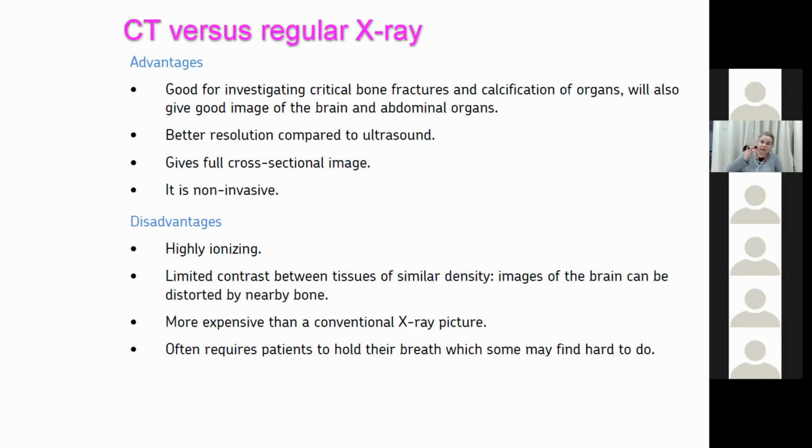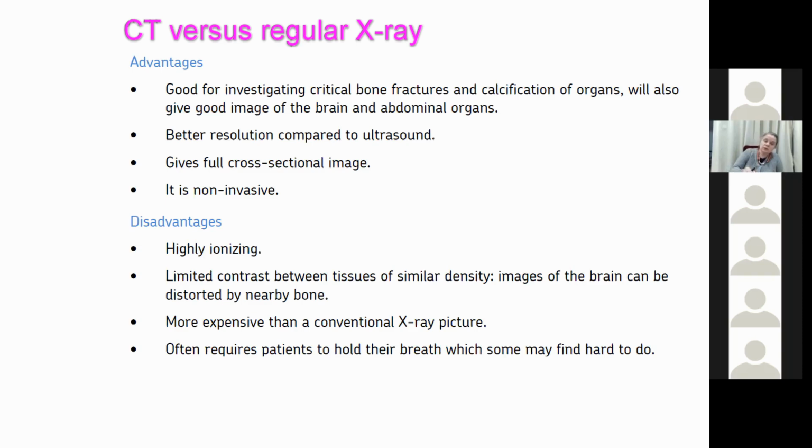A disadvantage of a CAT scan is that it exposes the patient to more X-rays. And of course, X-rays are an ionizing radiation. So the bigger the dose you get, the worse it is from the patient's point of view, and you don't want to be exposed to large amounts.